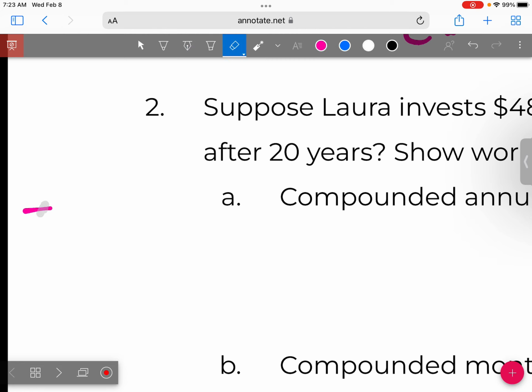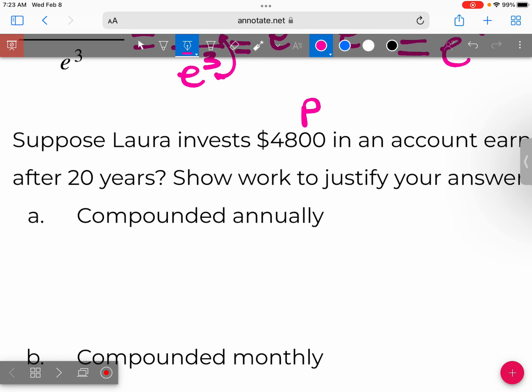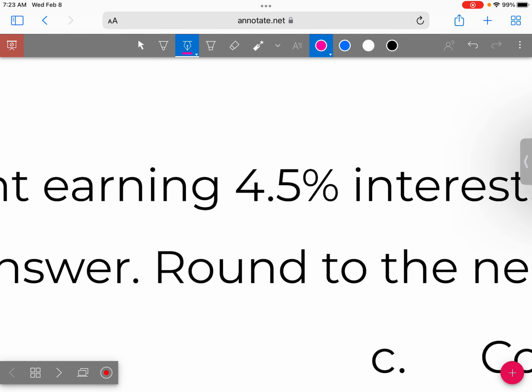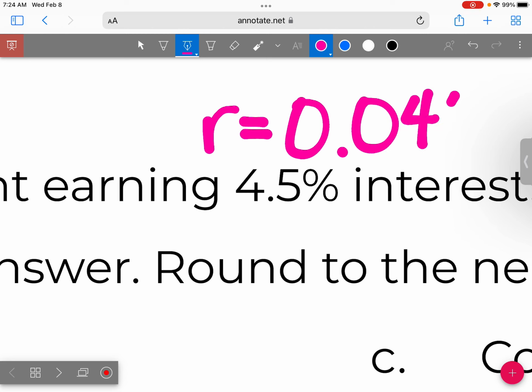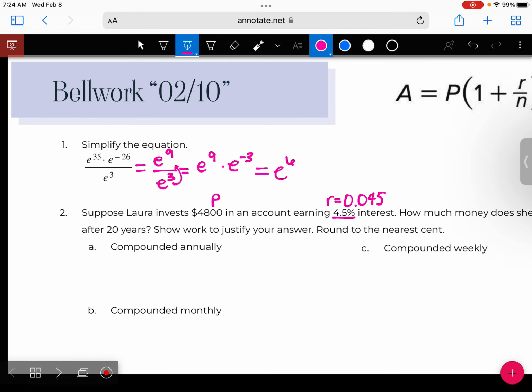Cool. What is our principal? Yep, $4,800. What is R? Yep, 0.045. It comes from our 4.5 interest, but we have to move the decimal 2 places. And then what is our N?